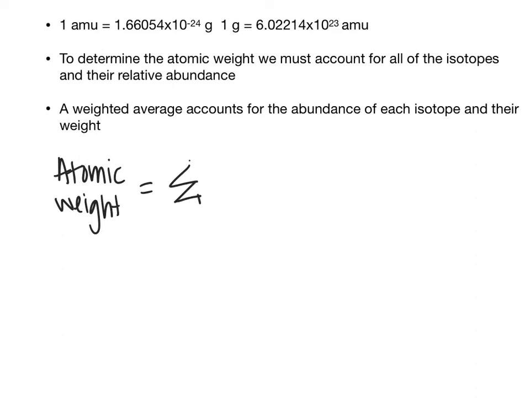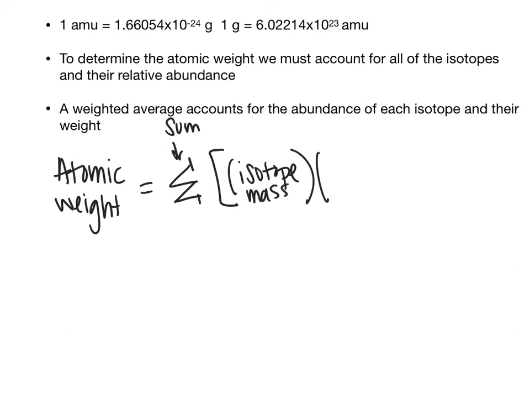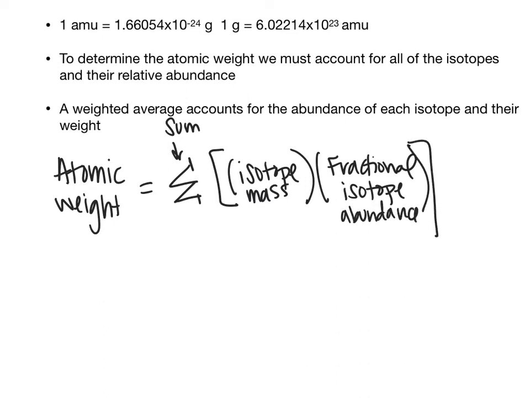This sigma sign here means the sum of the isotope mass multiplied by the fractional isotope abundance, and we're going to sum that over all isotopes.